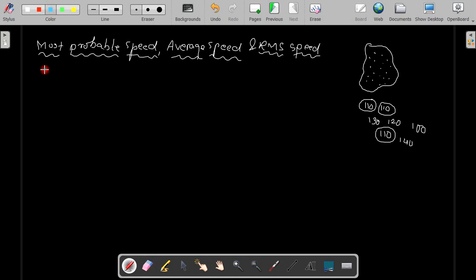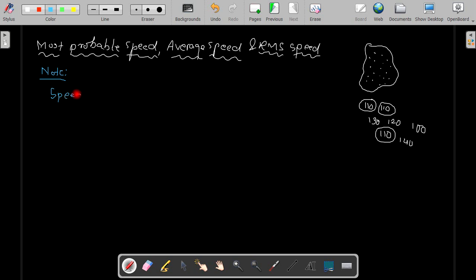But for that, the first important thing is the Maxwell-Boltzmann distribution. Although the derivation takes a bit of time, we are not going to derive that right now, but the Maxwell-Boltzmann distribution tells me what will be the speed of a molecule within a certain range.